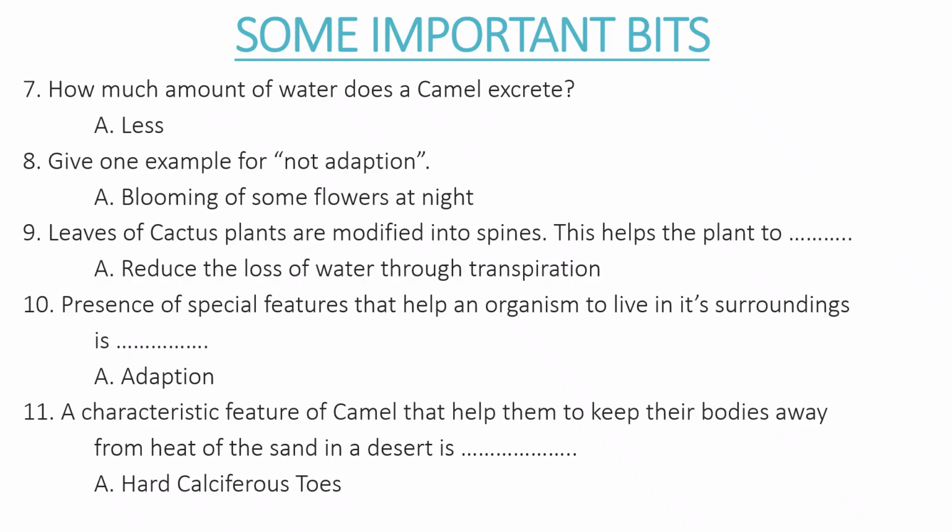Leaves of cactus plants are modified into spines. This helps the plant to reduce the loss of water through transpiration. Presence of special features that help an organism to live in its surroundings is adaptation.